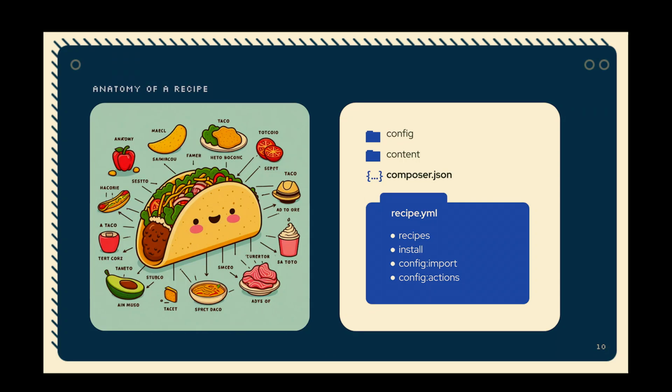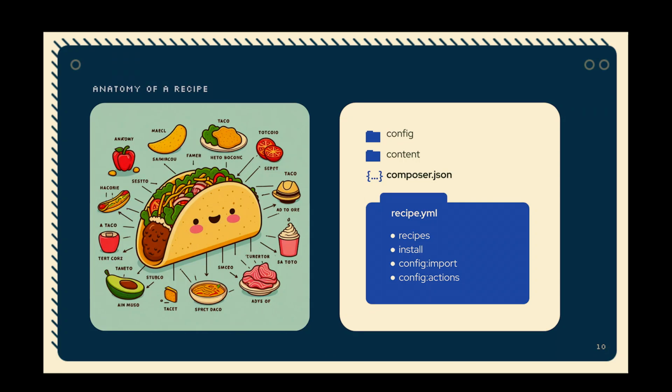You can specify other recipes that should be applied as part of, or before, your recipe gets applied. You can specify if there are modules or themes that should be installed as part of your recipe. And the key thing there is when it installs those as part of a recipe, it's going to import any basic configurations.